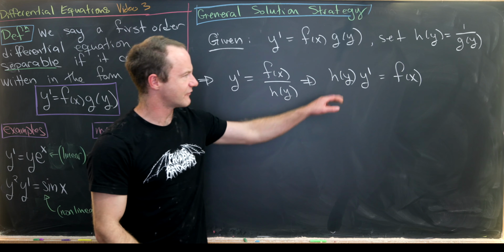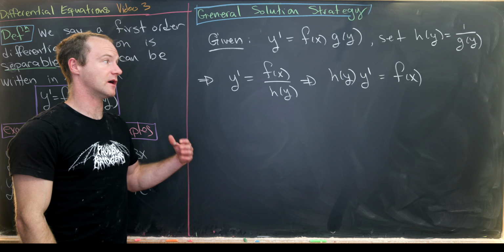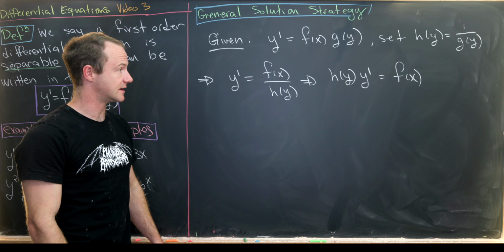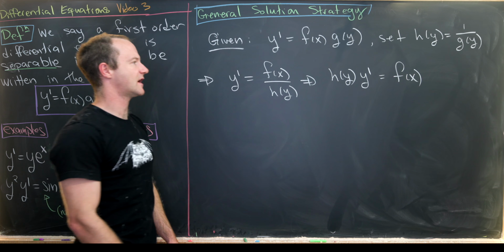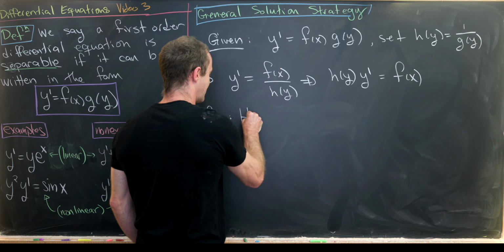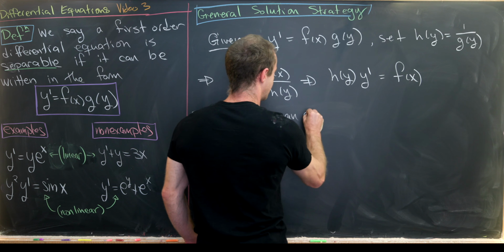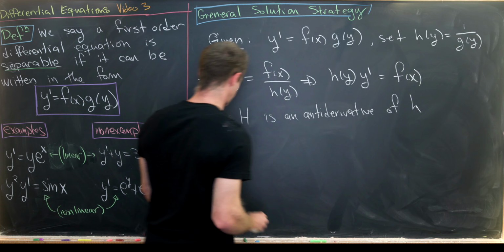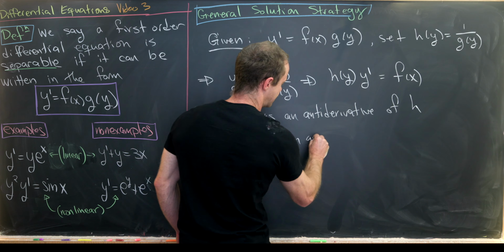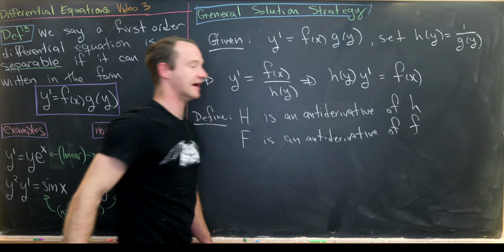So it looks like we've got everything that looks like a y over on the left-hand side and everything with an x over on the right-hand side. And that really motivates us to define the following two functions. Let's define capital H to be an antiderivative of little h, and then capital F to be an antiderivative of lowercase f.